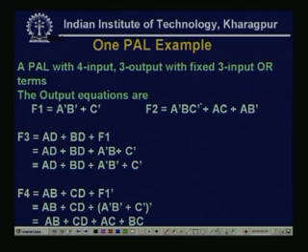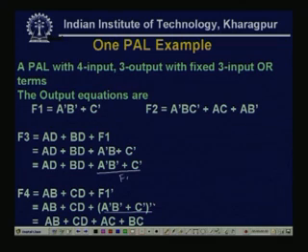First we realize F1 and F2, and then we will see F3 and F4. Actually this is a special type of function where 2 output functions consist of other output functions. See, F3 consists of F1 also. A dash B dash plus C dash is nothing but F1. Similarly, F4 consists of F1 dash, because A dash B dash plus C dash, complemented, is F1 dash.